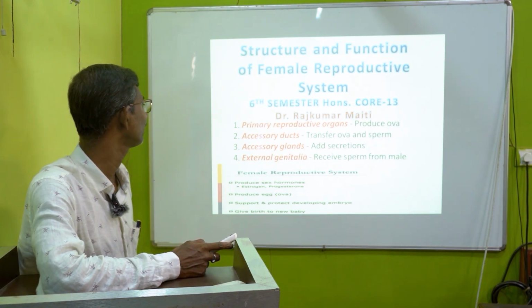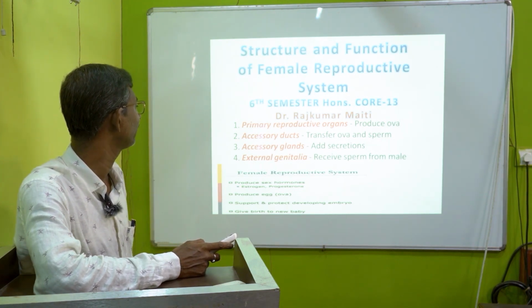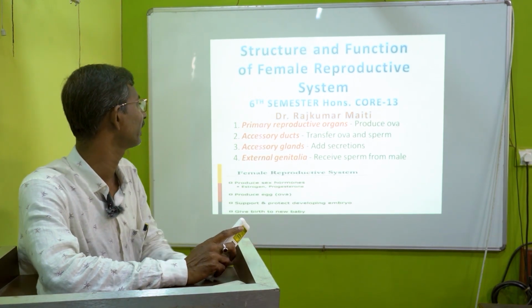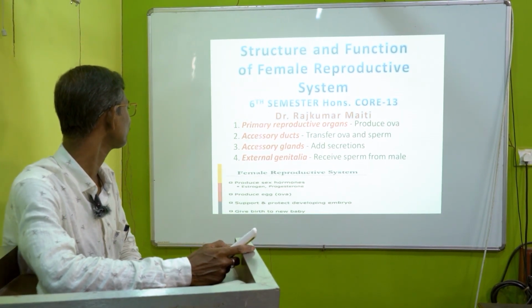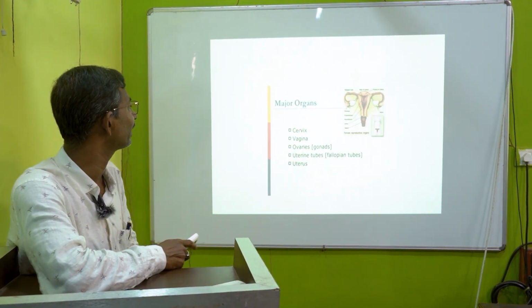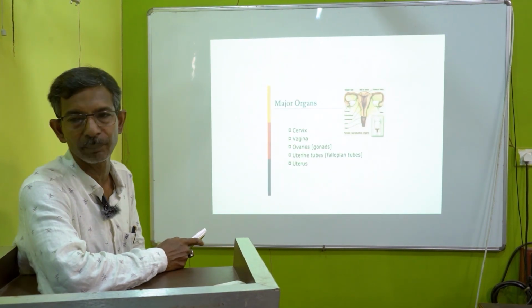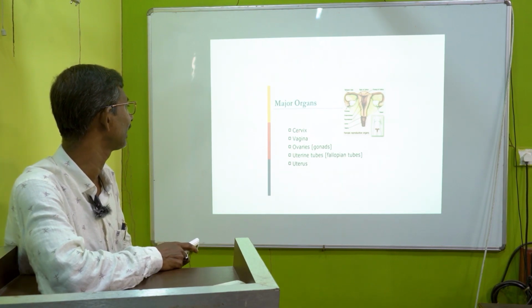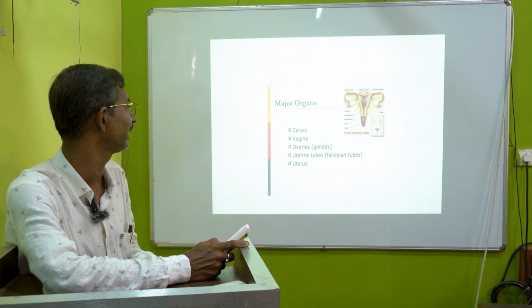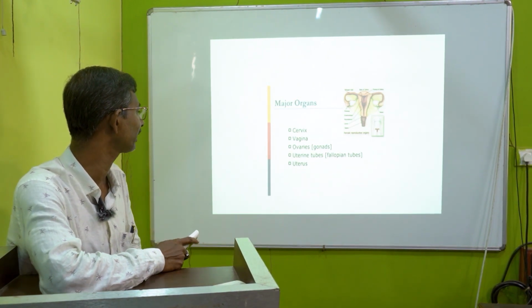The accessory organs also include the vagina and external genitalia, all responsible for receiving the sperm from the male. Then there is the cervix. The major parts of the female reproductive system are the cervix, vagina, ovaries, and uterine tube, that is the fallopian tube, where fertilization takes place, and then the uterus.